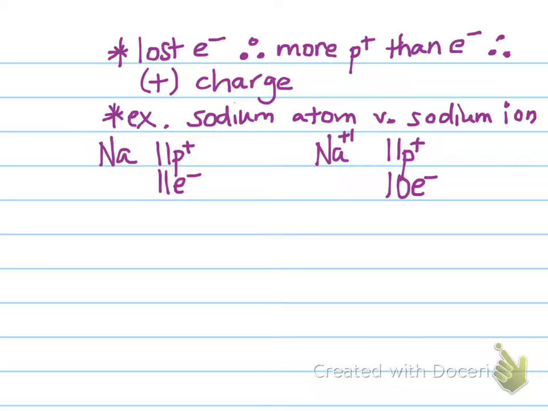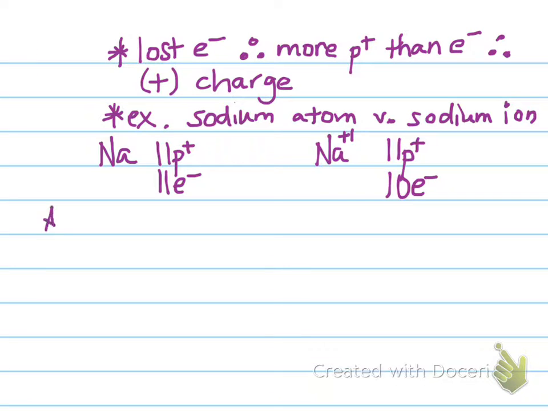And when every other element forms a bond or forms ions, they're going to do so in an effort to be like the noble gases. What sodium has done by becoming a sodium ion is have the same number of electrons as neon. That's not a coincidence. So these were the atoms of the metals that tend to do this, and they form these cations.